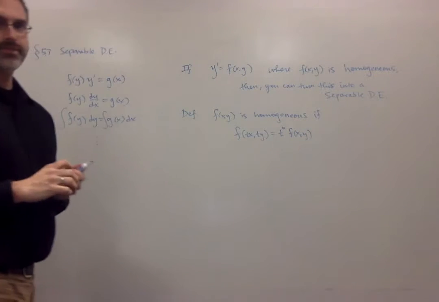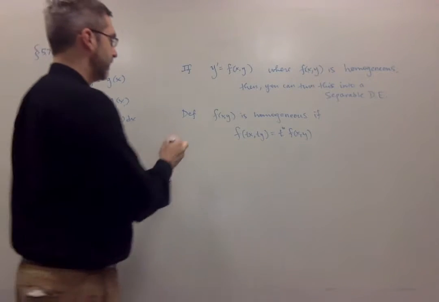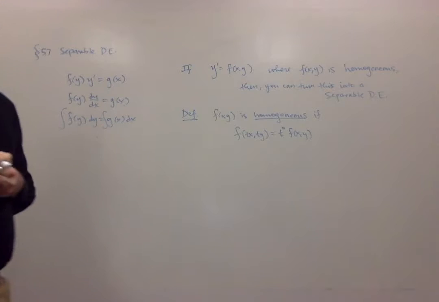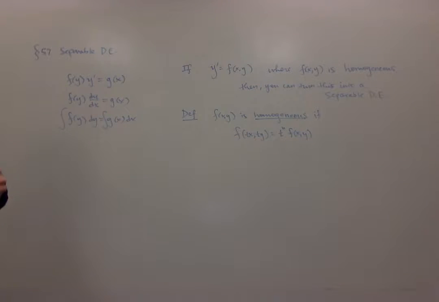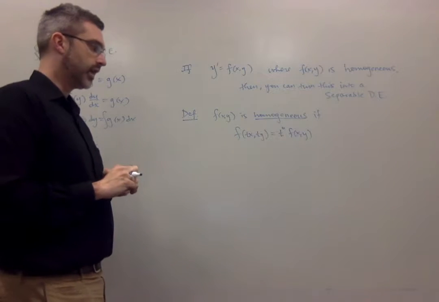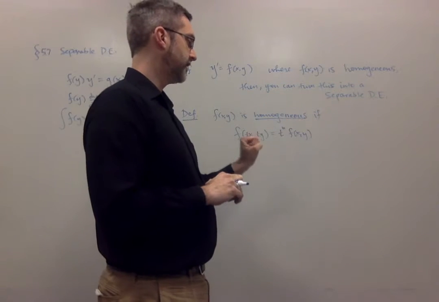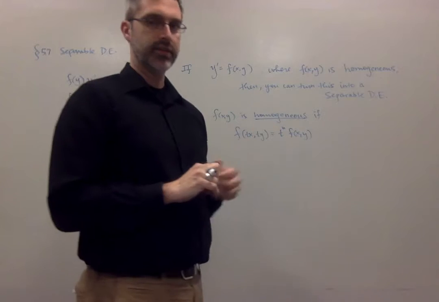Now, again, let you copy this down. f of x, y is homogeneous if, when you plug in tx and ty, you end up being able to pull all of those t's out and you get t to the n times the original function.